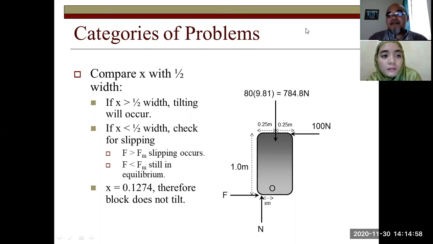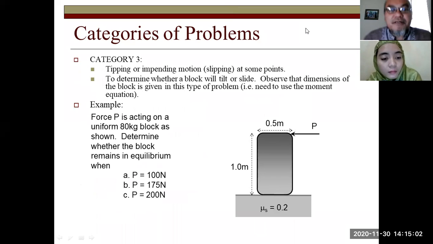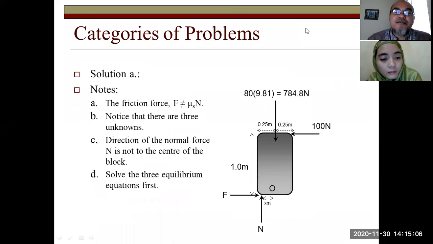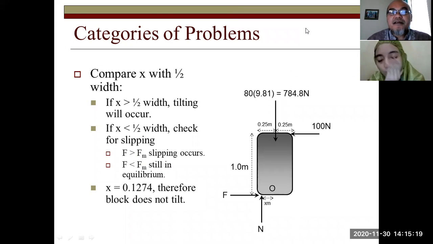So in case A, where P is equal to 100 Newton, we do not have any tipping force or slipping force. The friction is less than the maximum static friction force, that is why it doesn't slip.